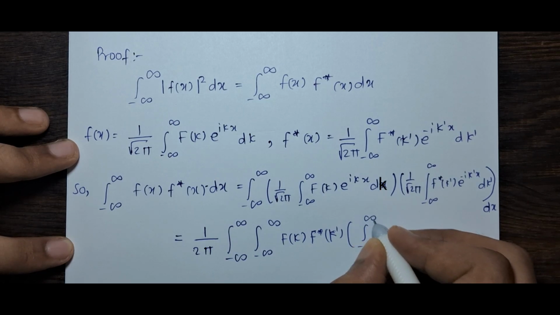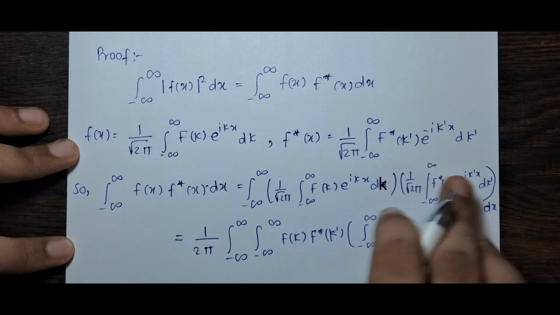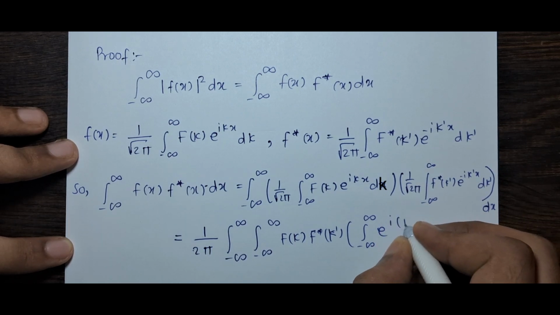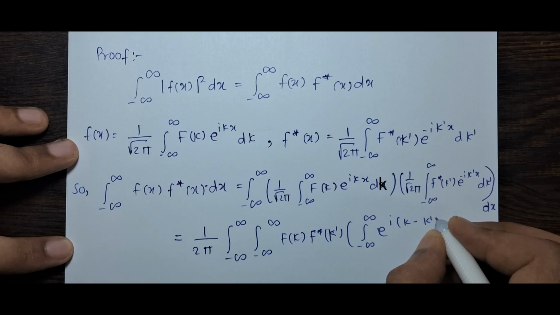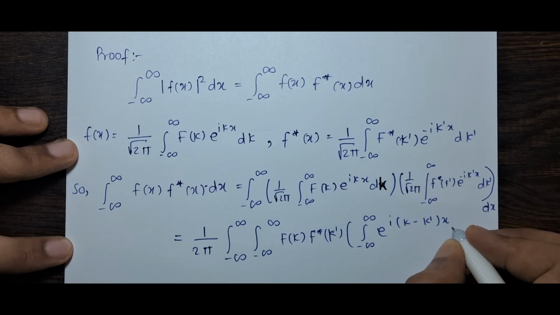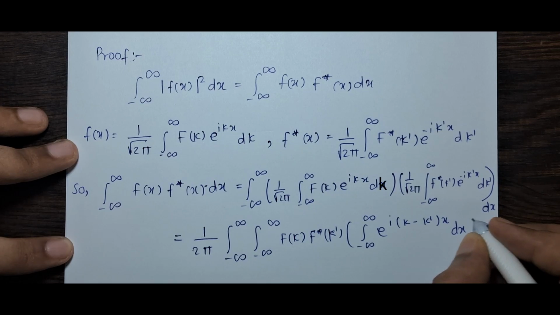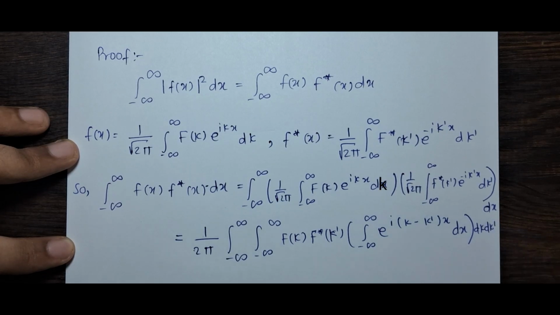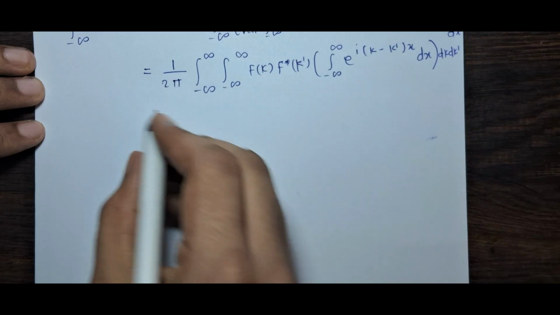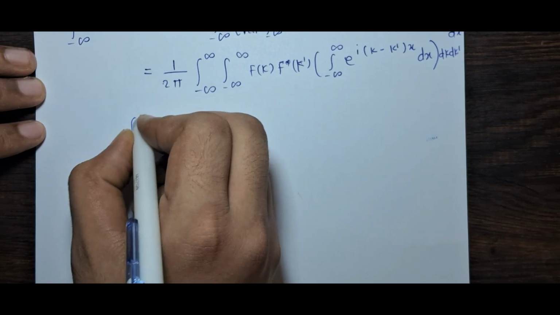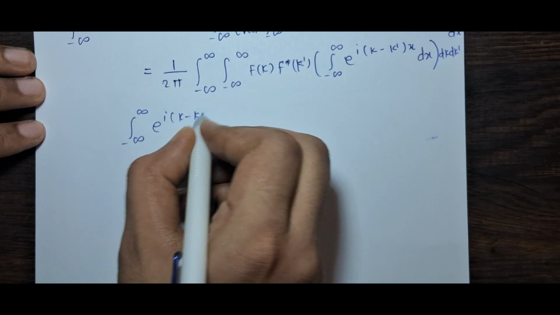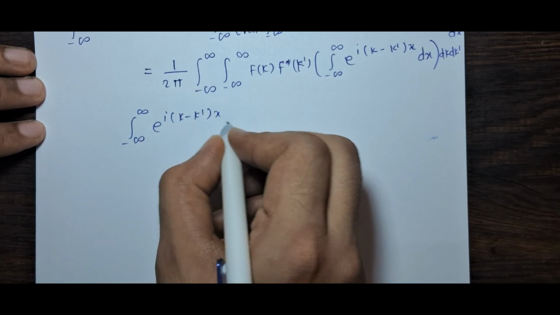So minus infinity to infinity e raised to, of course, this minus this, this is I, this is k minus k dash x. That's why I told you to put dash for the simplification, dk, and then this is dk dash. This is direct delta notation, and this basically becomes minus infinity to infinity. I'll just show you too. I'll write it exactly like here, just for your understanding of what exactly I mean.